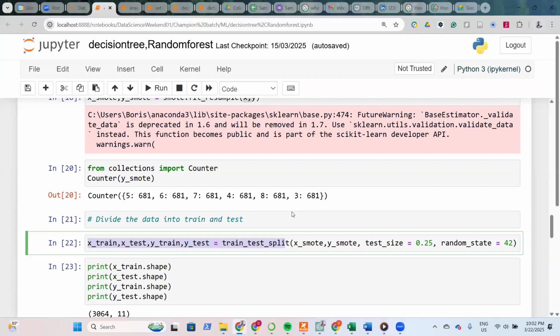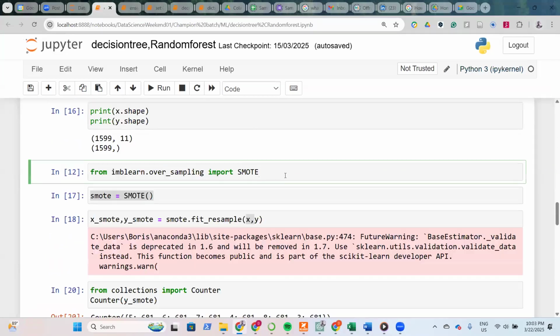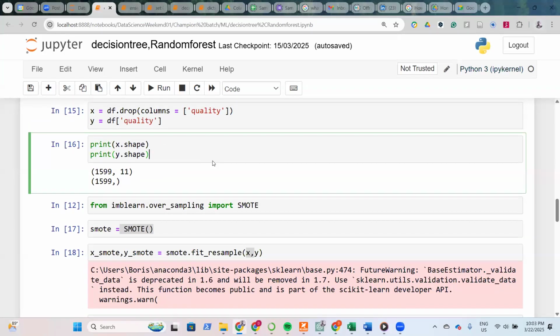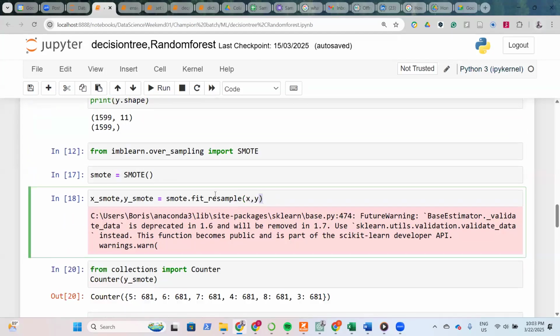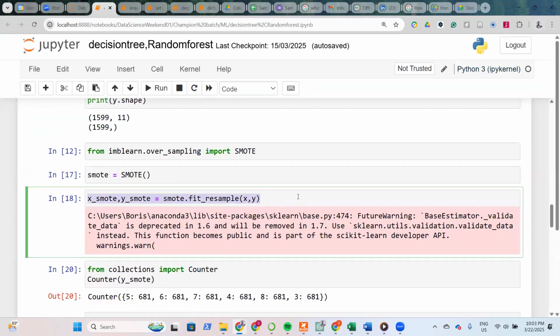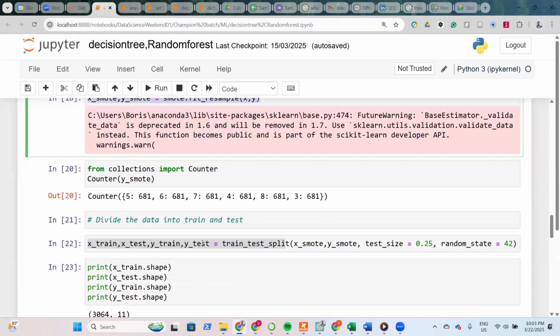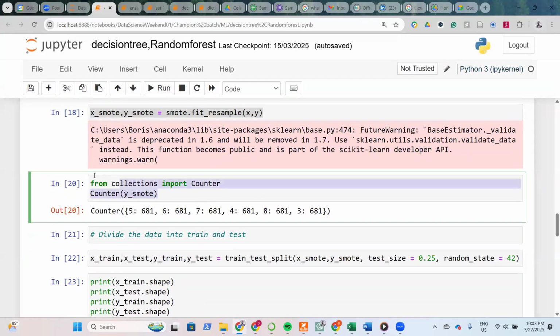I used it on X and Y before splitting the data into train and test. This is where I actually split the data, after I'd applied SMOTE on the data set.